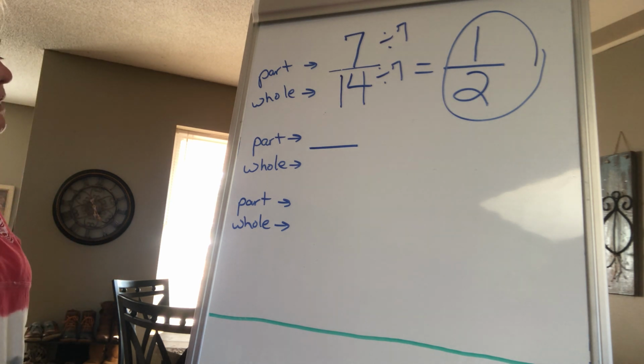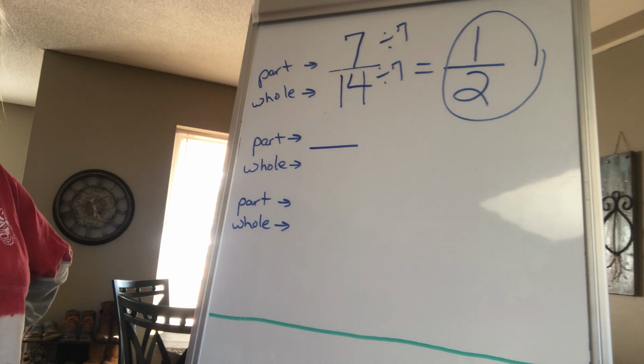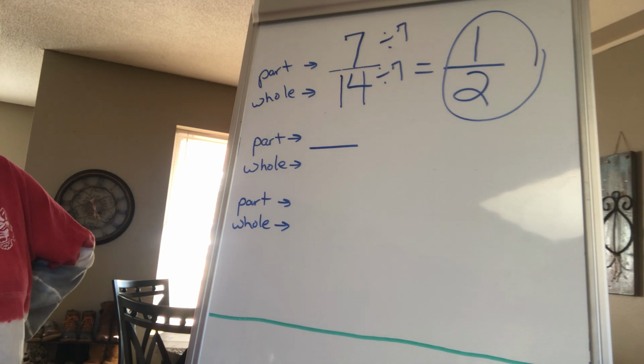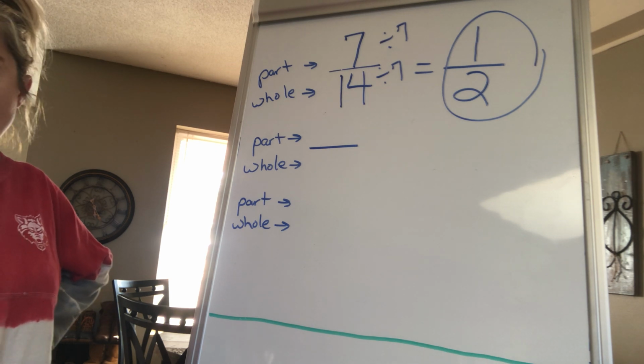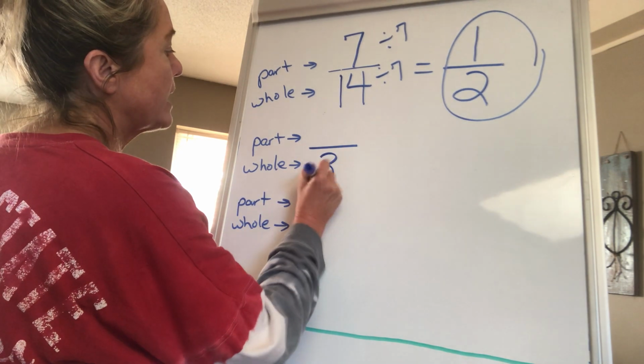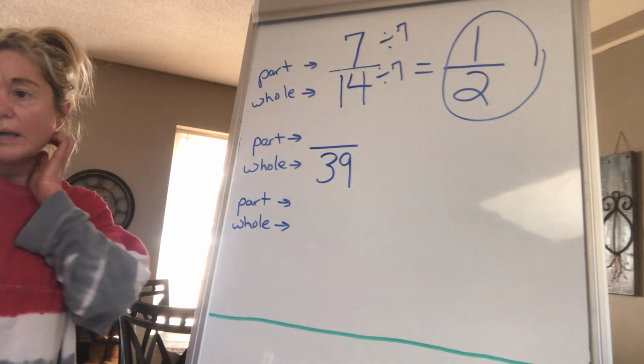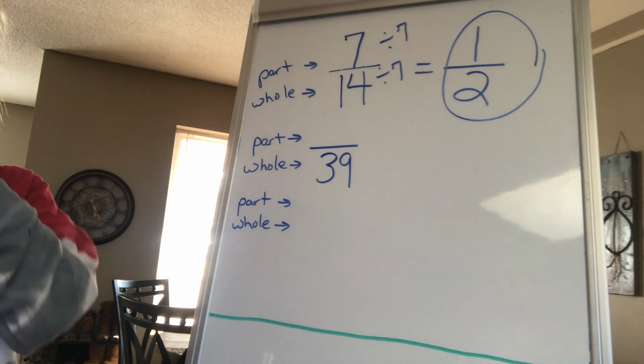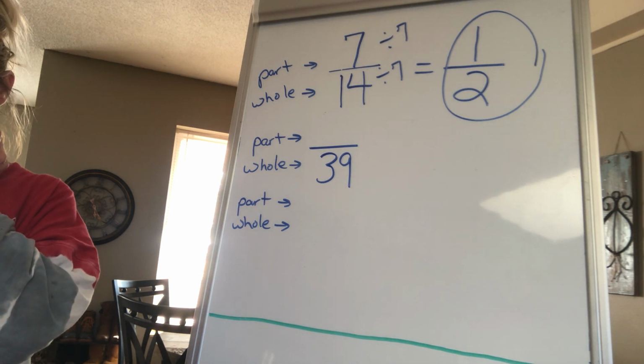So we know we're looking for the part that's macaws, but first let's look for how many whole. All the parrots she saw in total was 39. Okay, and now we want the part that was macaws. So it gives me some extra numbers in there.